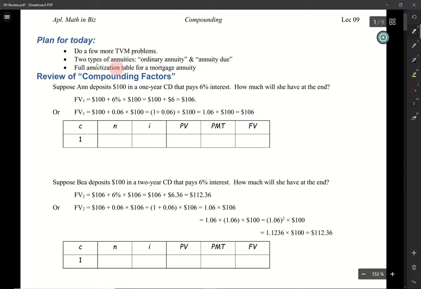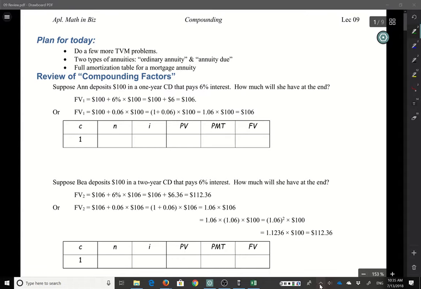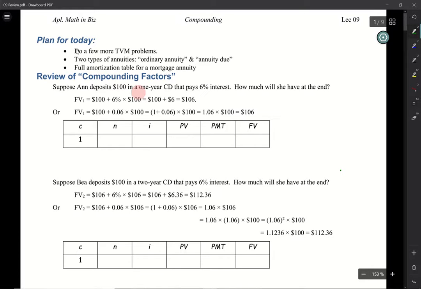We want to do just a few more time value of money problems. We already mentioned that there are two types of annuities, ordinary annuity and annuity due.